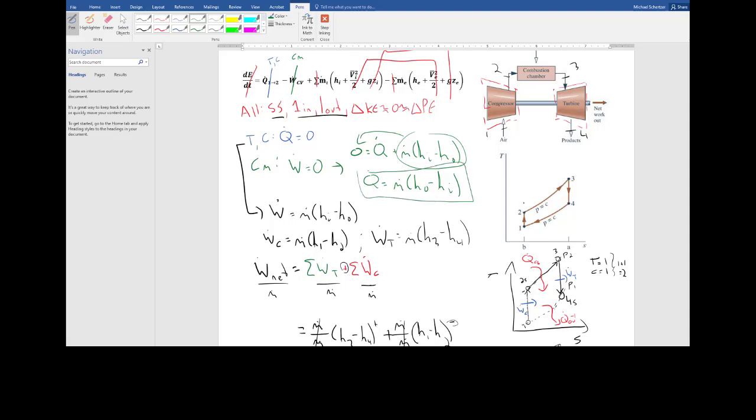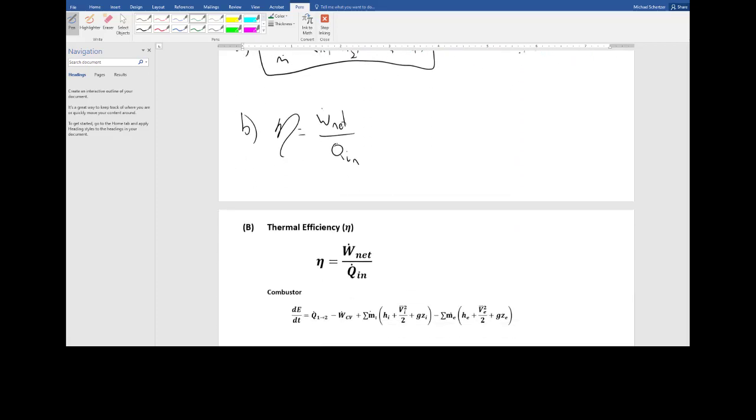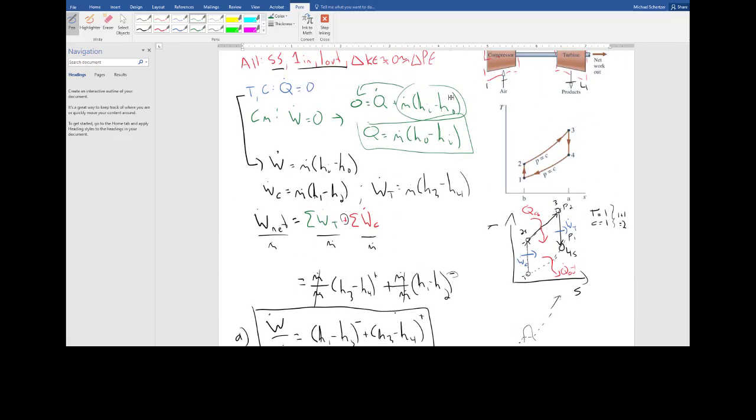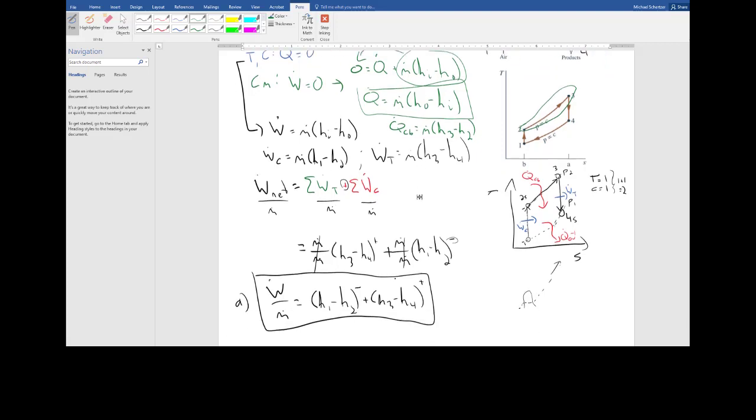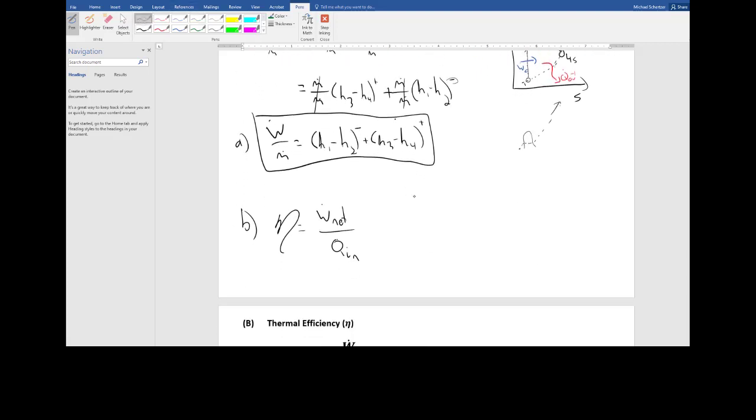So the combustor goes from state 2 to state 3. So Q dot of the combustor is m dot times H3, which is the outlet, minus H2, which is the inlet. We're talking about this process here from state 2 to state 3. So W dot net, or what I can do is I can talk about this as W dot net over m dot divided by Q dot in over m dot. I didn't break any math, right?